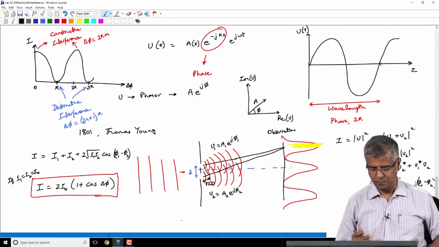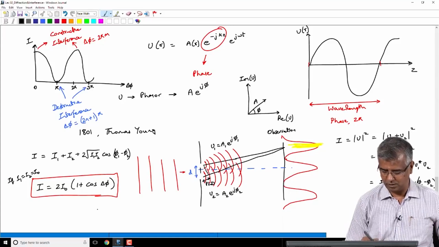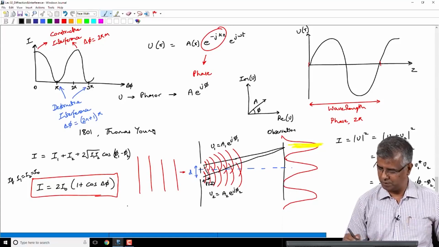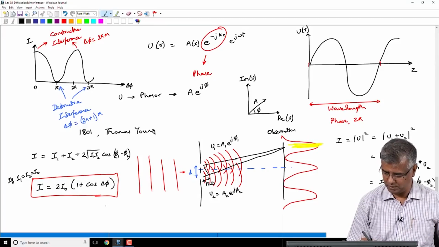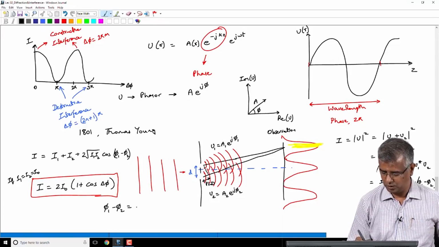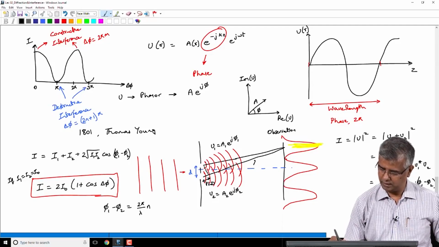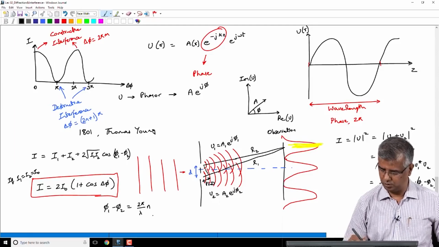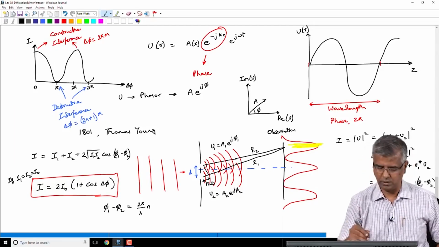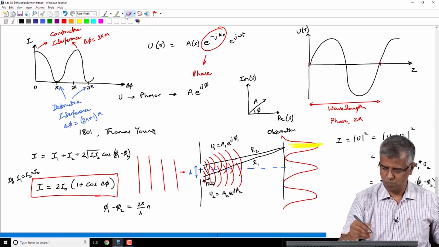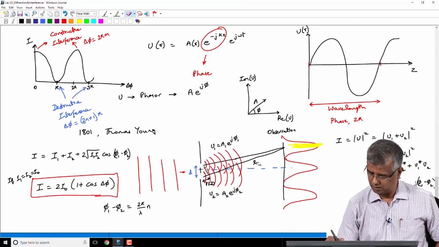So, how does that work out? Because what we talked about, and maybe I did not explicitly mention that, when we are talking about phi 1 minus phi 2, that is basically given by 2 pi over lambda n into, let us say this is L1 and this is L2. Did I switch the notations a little bit?